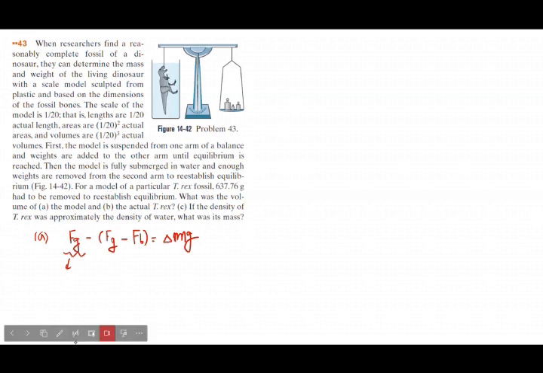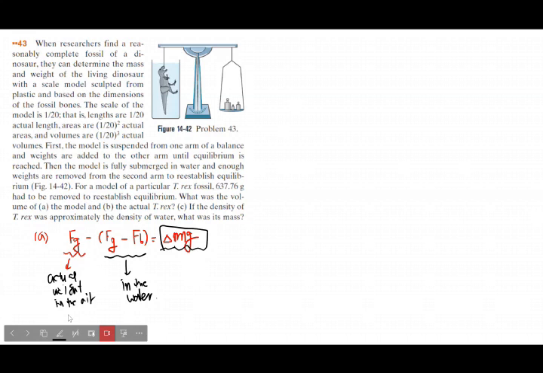Let me change the color. The first term is the actual weight in the air, and the second term is the one measured in the water. That is the difference between those two weights.